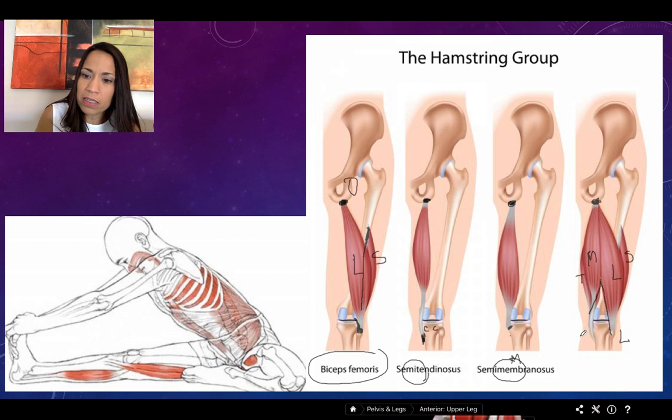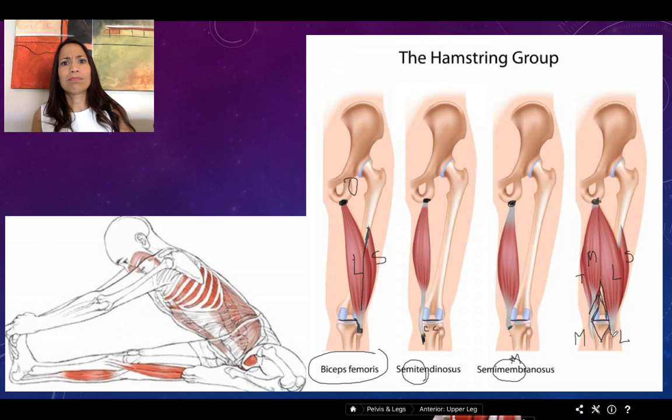Semimembranosus and semitendinosus attach or insert on the medial side of the leg, creating the superior margins of the popliteal fossa that we're going to describe next class. Today we're going to start describing just the top, and next class the bottom of this fossa.